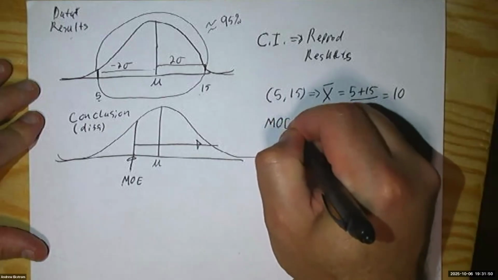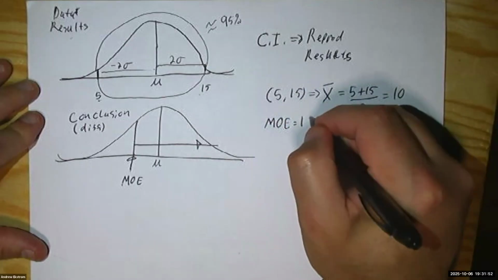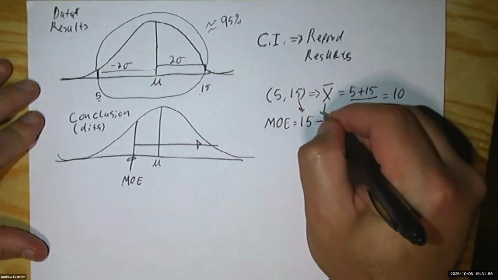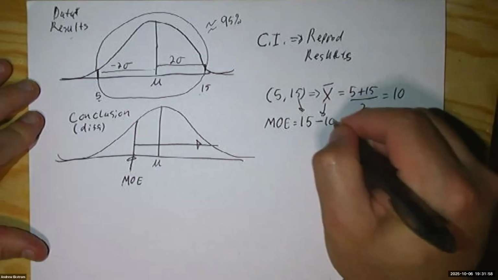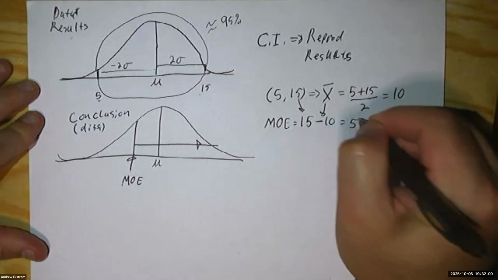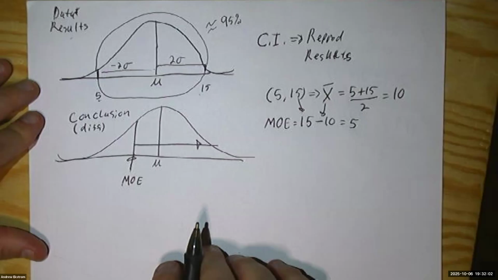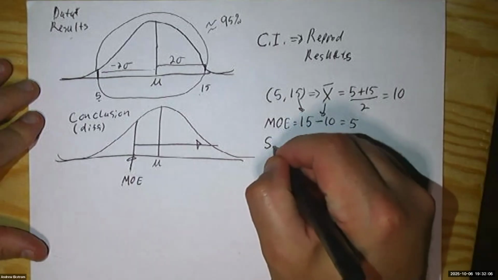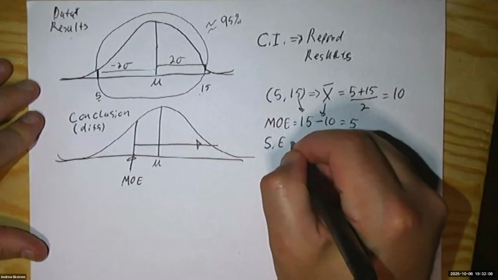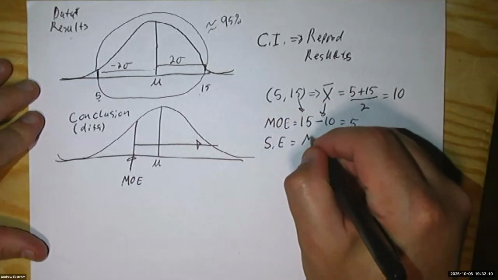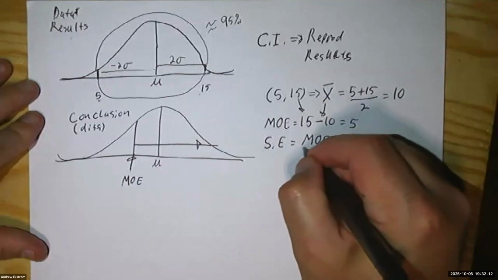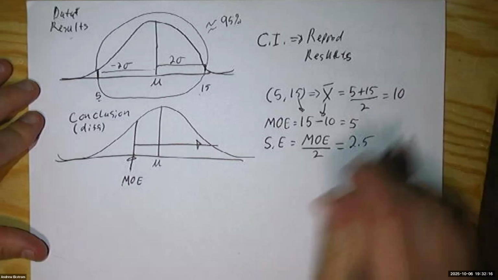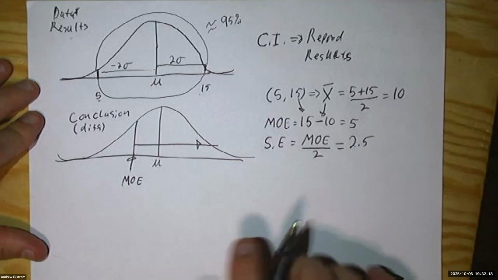The margin of error is going to be whatever this bigger number is minus the average. So that's going to be 5. And then standard error is just going to be margin of error divided by 2. So that's going to be 2.5.